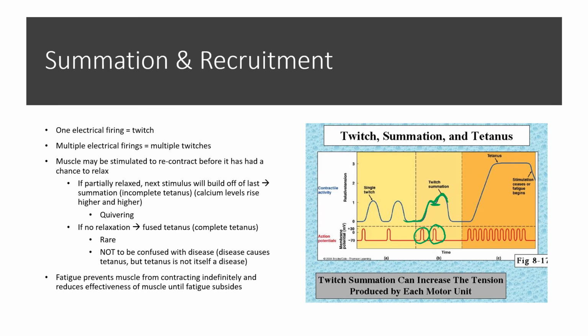So the force of that change will ultimately result in a stronger contraction. More muscle fibers will be recruited than if you would have done that as two separate electrical events. This is called summation, where you have one stimulus that's building off the other.